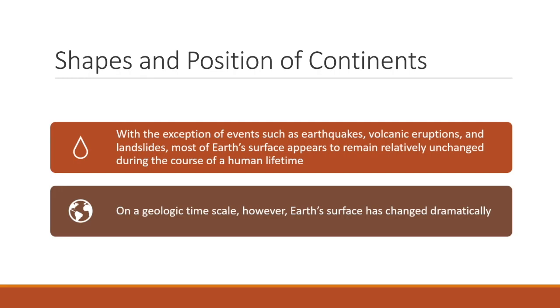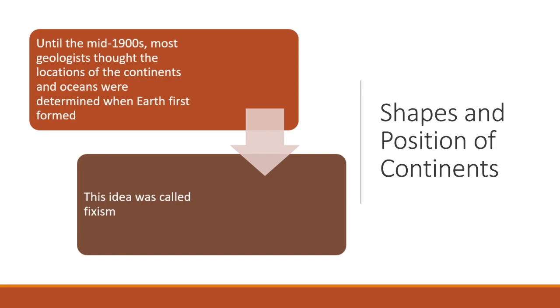On a geologic timescale, however, Earth's surface has changed dramatically. Until the mid-1900s, most geologists thought the locations of the continents and oceans were determined when the Earth first formed. And this idea was called fixism. So everything was fixed in its place, nothing moved.